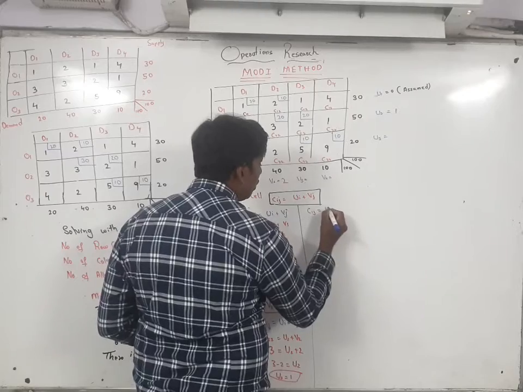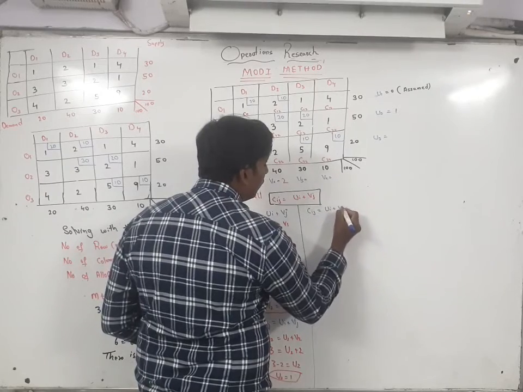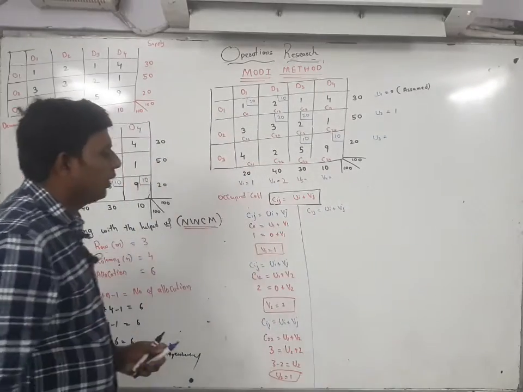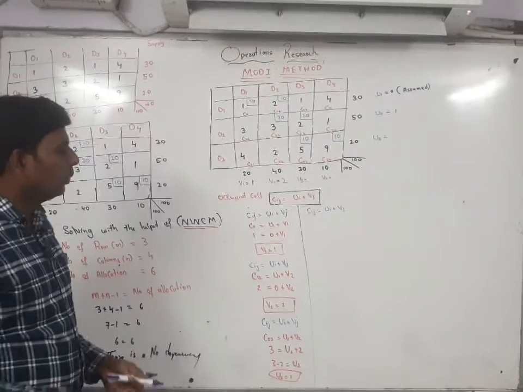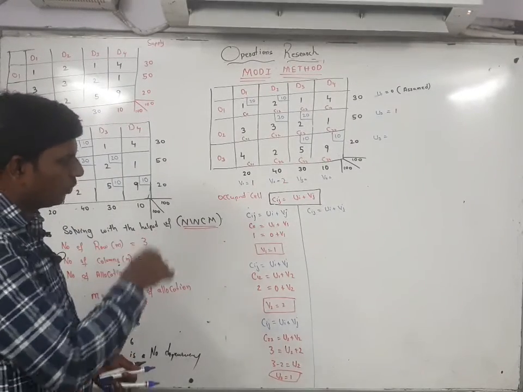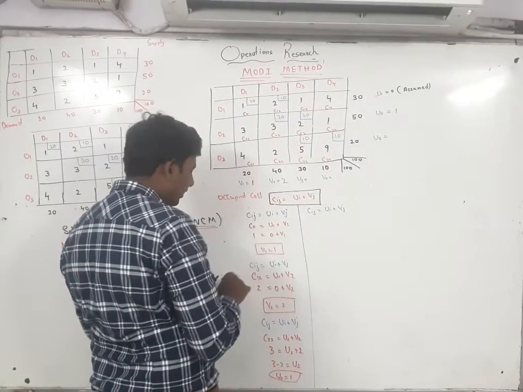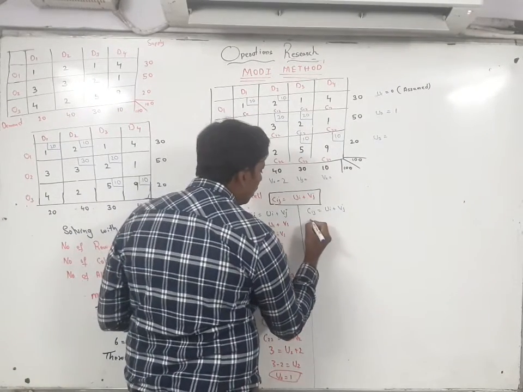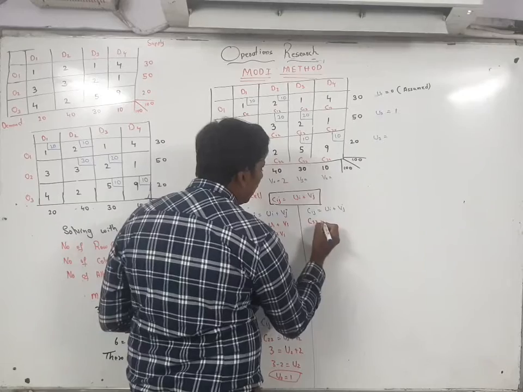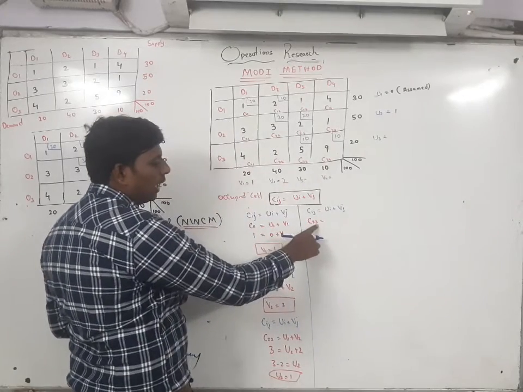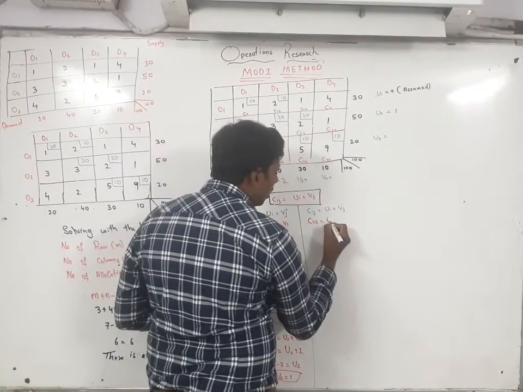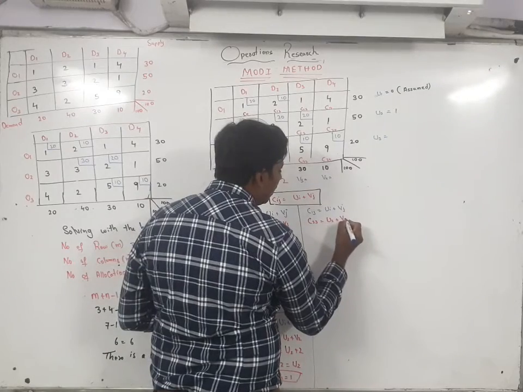Cij is equal to ui plus vj. Next occupied cell, which one is it? C23. So here you can write C23. First 2 for U and 3 for V, so U2 plus V3.